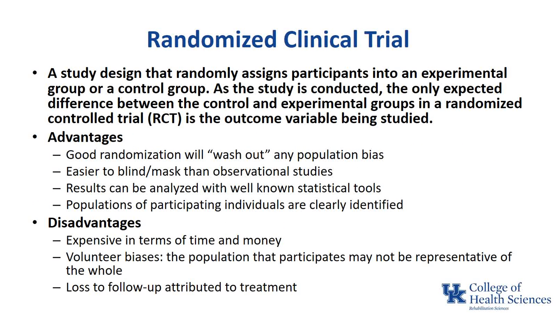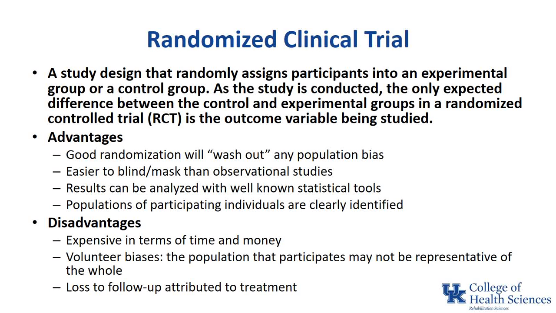So randomized clinical trial is a study design that's going to assign participants into one of 2 groups traditionally, and as the study is conducted, the only real expected difference is that the intervention is going to be measured to have a positive or a negative or some kind of outcome at the end.